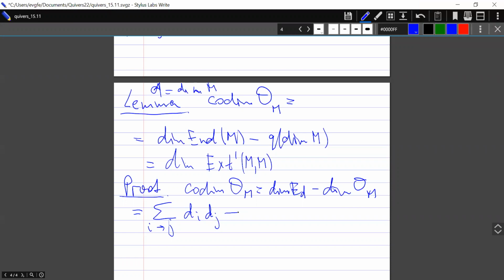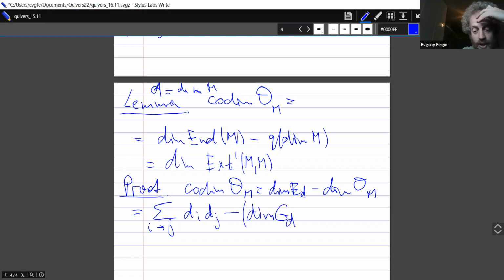Well, it's the dimension of GL_d minus the dimension of the stabilizer. Yes, by definition, this is the dimension of the group minus the dimension of the stabilizer.